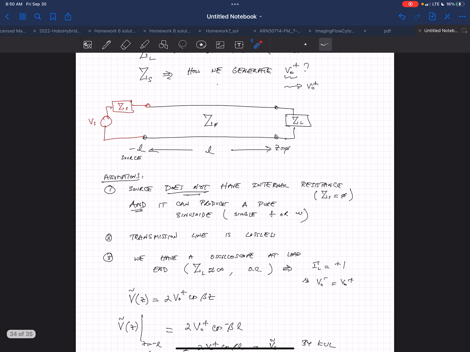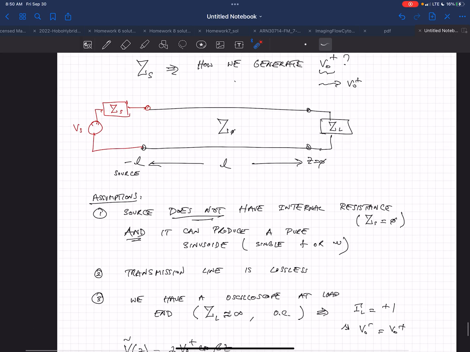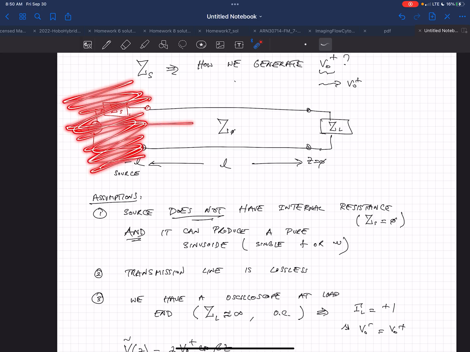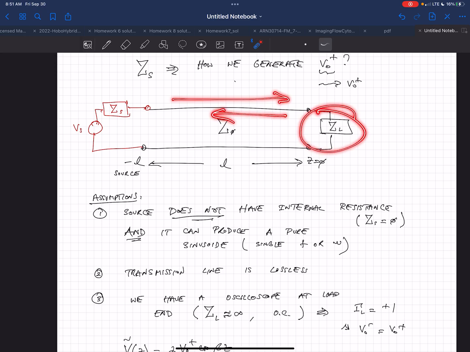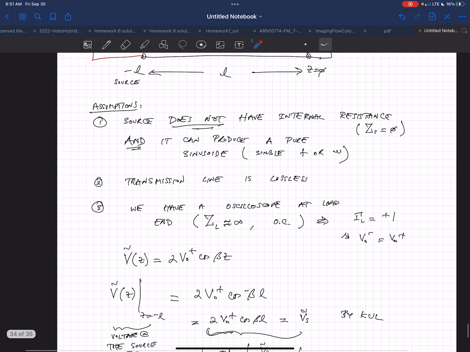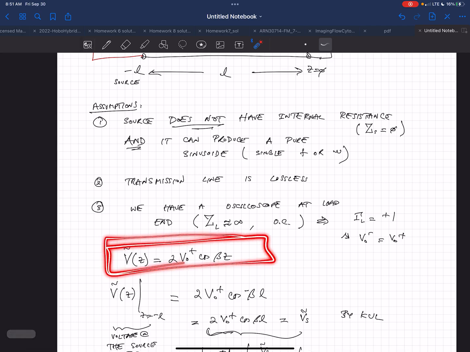So I'm saying that previously, we figured out what the voltage would be because of the voltage coming in and the voltage going out, if this guy is infinite. And that ended up being defined by this equation, okay?